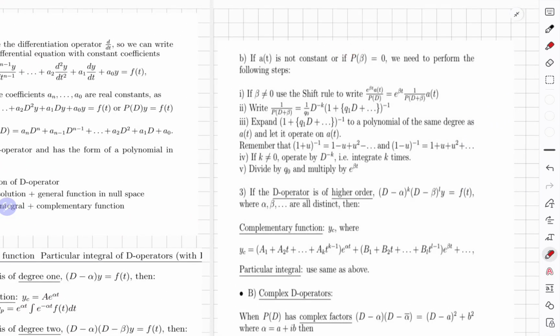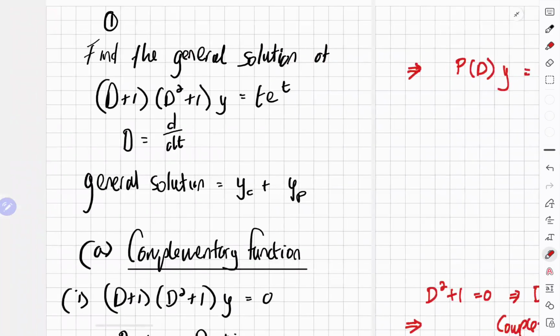But in our first example, we will see that our polynomial in t is not a constant, so not just a numerical value, or, if P of beta is 0, we will always do the shift rule.